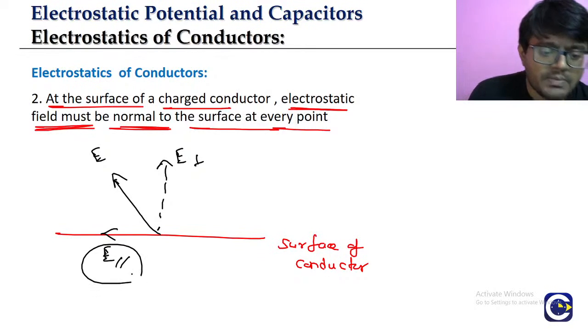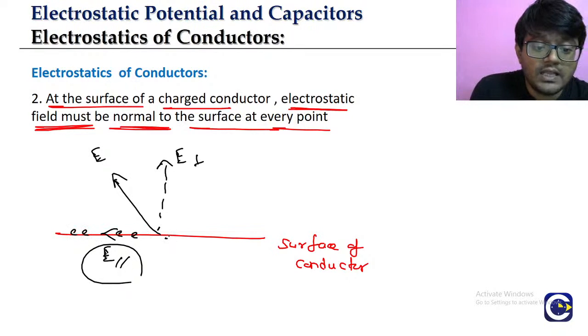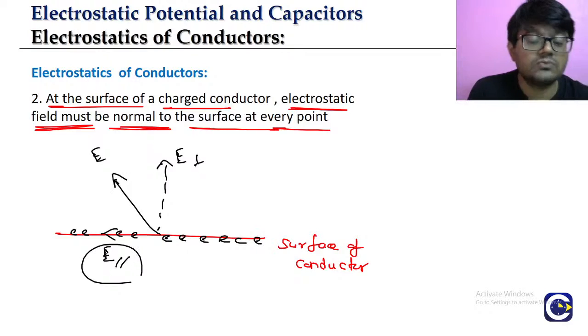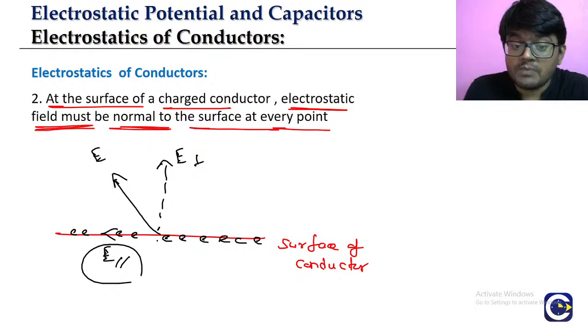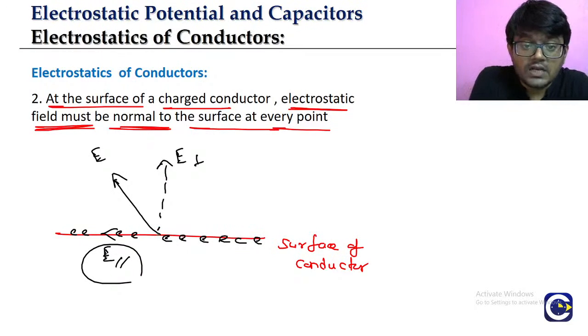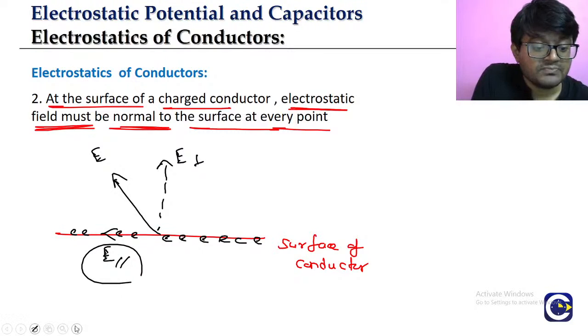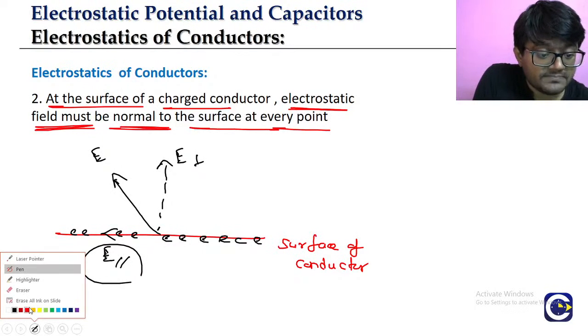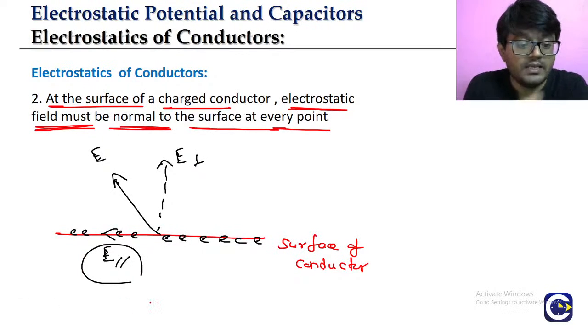Now, because of the parallel component, what is going to happen? There is charge on the surface of the conductor. If there is a parallel component, the electrons on the surface will keep moving. Again there will be rearrangement. Say the electric field is towards the left; electrons will move towards the right side.